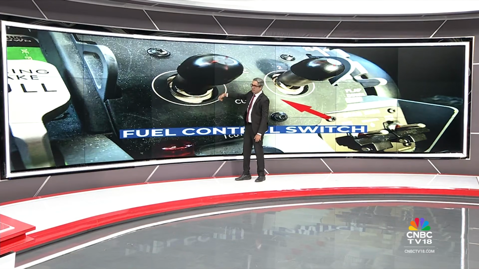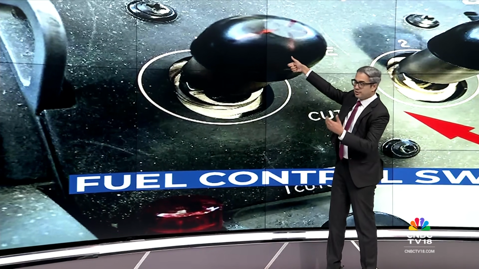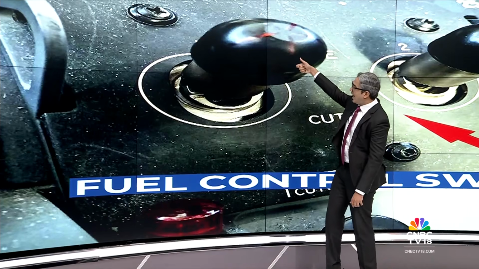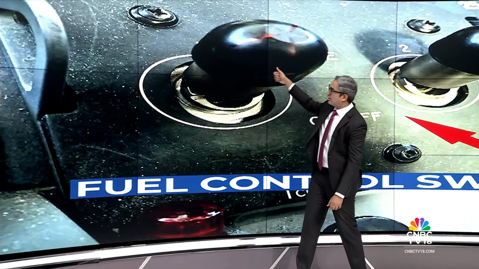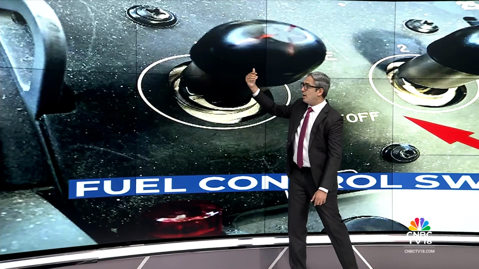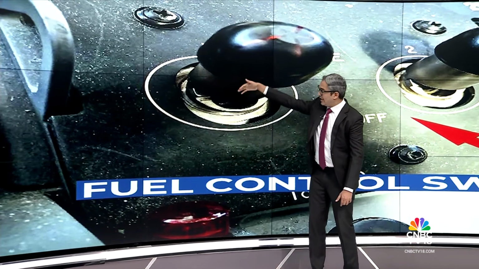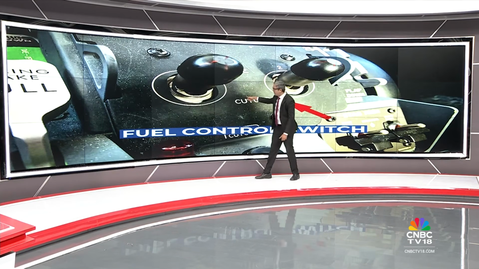So basically what the pilot or the co-pilot, as the case may be, pilot flying or pilot monitoring, will have to do is lift this because it's spring-loaded, and then move it past this metal constrictor to the run position. Similarly, when you do the opposite action, from run to cutoff, you have to lift this flap, take it over this metal constrictor, and then put it down to cutoff.